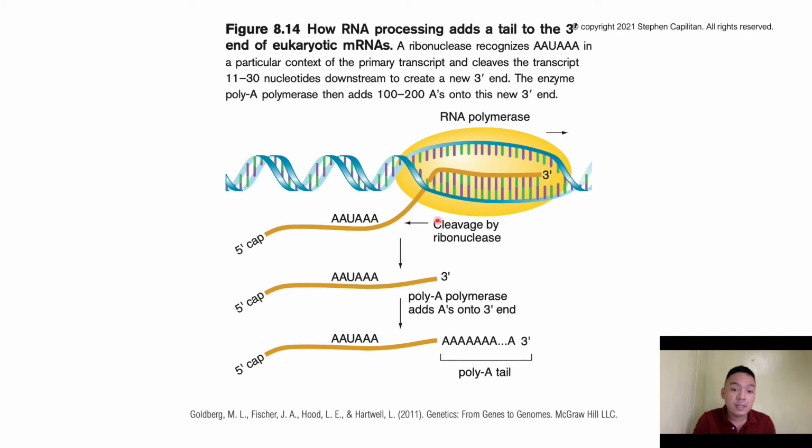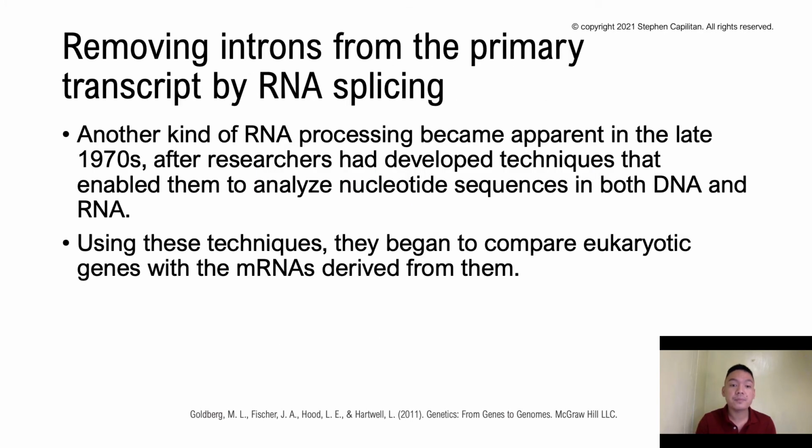Once the ribonuclease recognizes this AAUAAA, poly A polymerase will add A's onto the 3' end of this strand, and there we go. We got a poly A tail on the 3' end. It's around 100 to 200 A's.